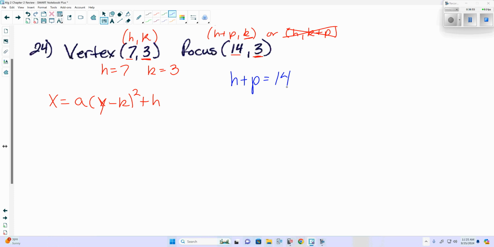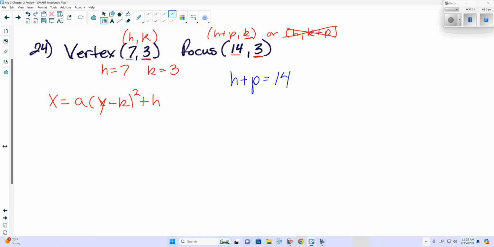Really we're trying to figure out which form it is, either h plus p comma k or h comma k plus p, to determine which equation we have. Since this is h plus p comma k, I'll look back at the general form and see which one has a focus of h plus p comma k. If it's the other one, h comma k plus p, it's the other equation, because they only attach to one. Does that make sense?